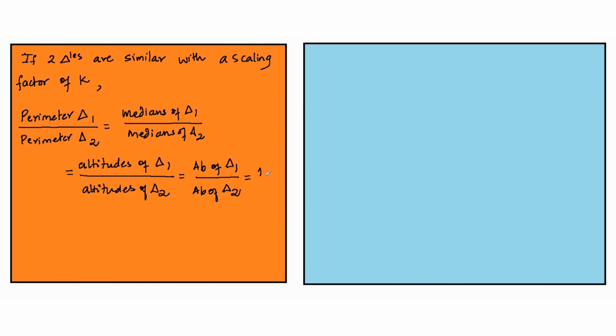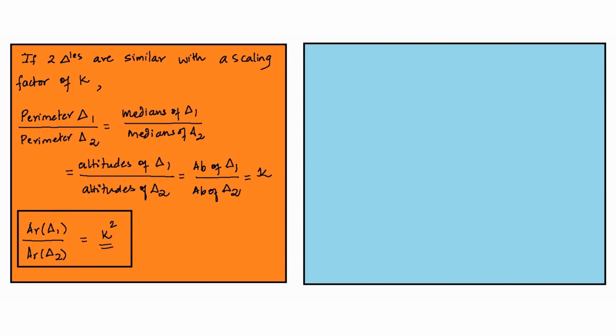All these ratios will be equal to k, whereas the area of triangle 1 divided by the area of triangle 2 will be equal to k square, the square of the scaling factor. So when the triangles are similar, this is the property for areas that we should be using.